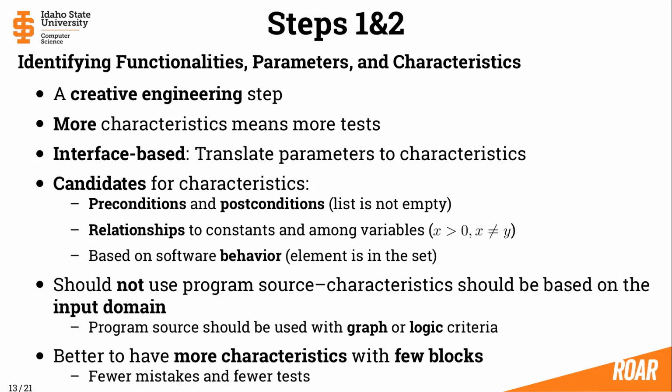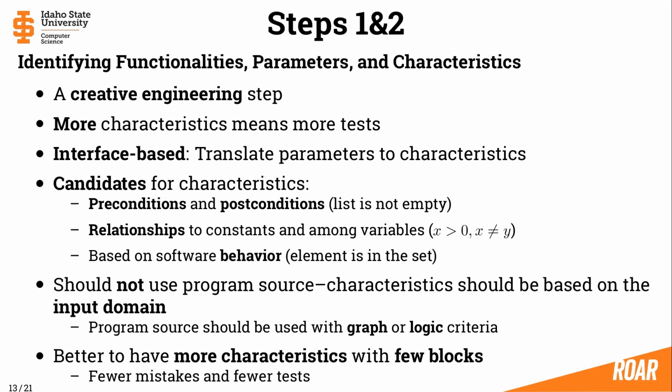Okay, so for interface-based approaches, we need to translate parameters into characteristics. Candidates for characteristics tend to be preconditions and postconditions. For example, the list can't be empty, or we return an empty list, or whatever it might be. Relationships to constants and among variables.